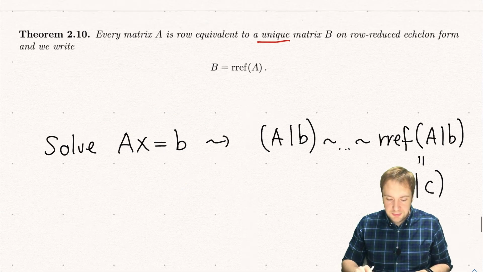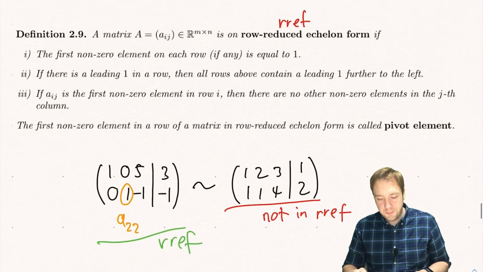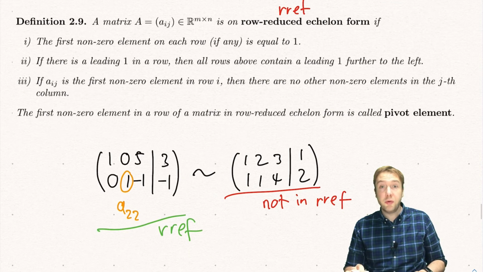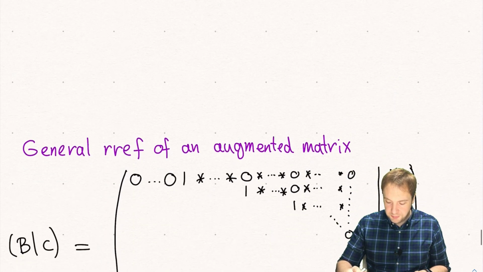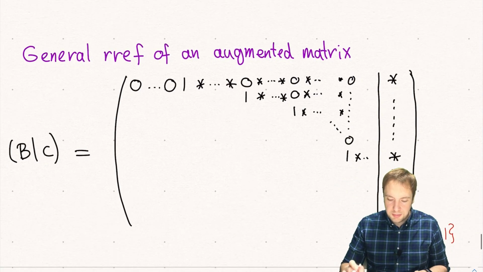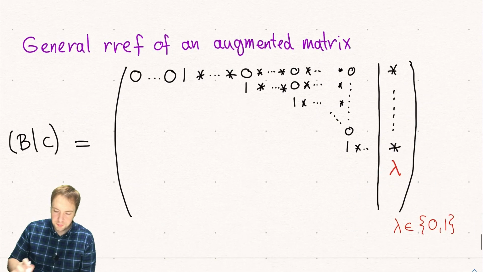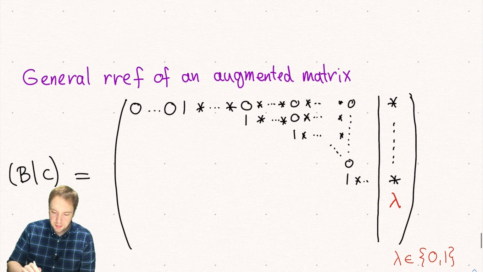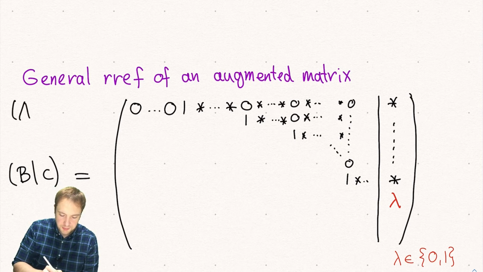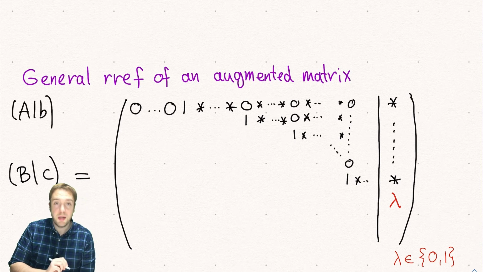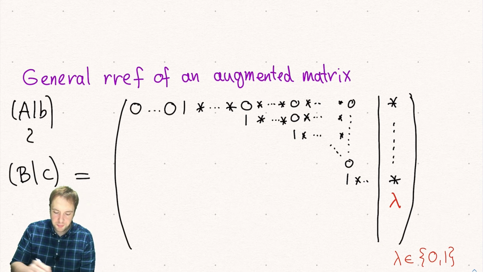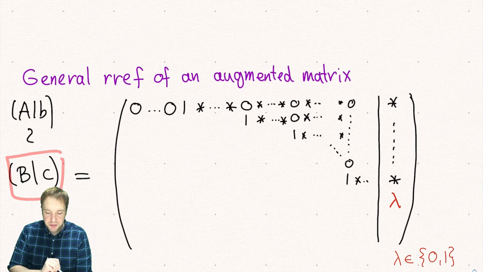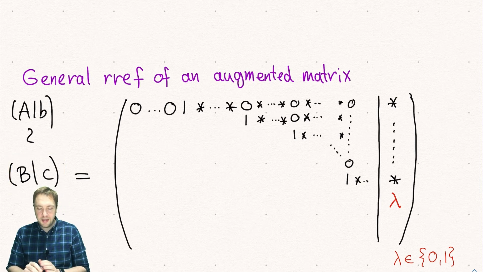But first let's think about how in general a matrix in row-reduced echelon form can look. So in general we have the following shape. Again, if I start with some augmented matrix (A|b), and then I do some row operations and come up with the matrix in row-reduced echelon form, this can have the following form.